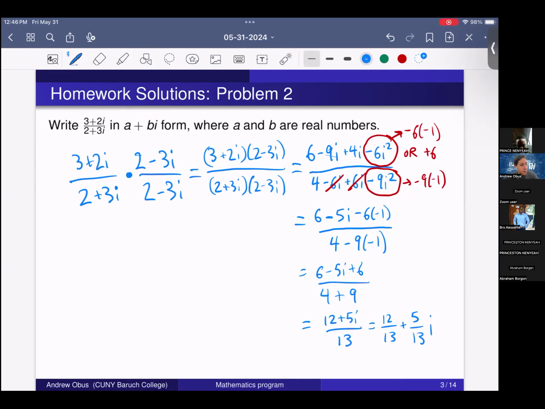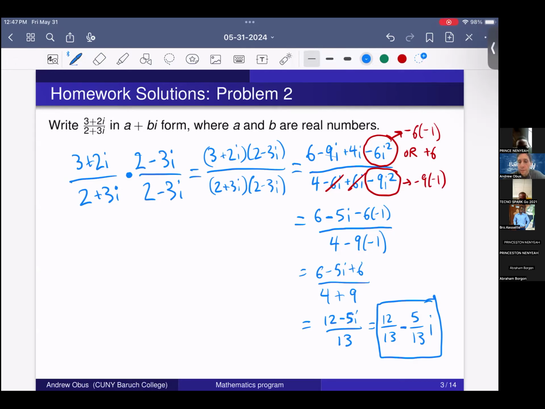Yes, Princeton? Look at the answer you get: you changed the minus to a plus. Oh, sorry, that's a mistake. Thank you for the correction. This should be a minus.